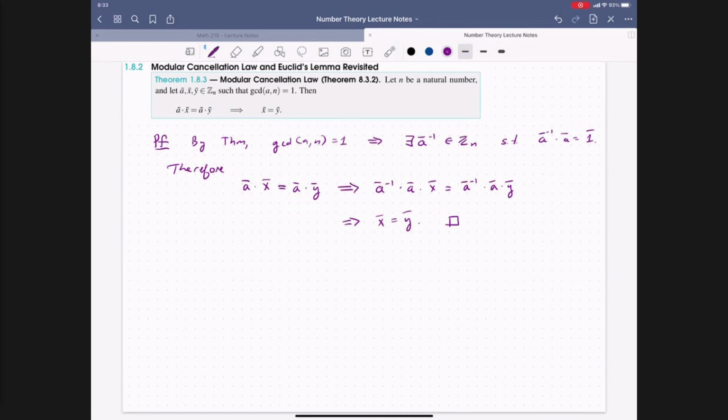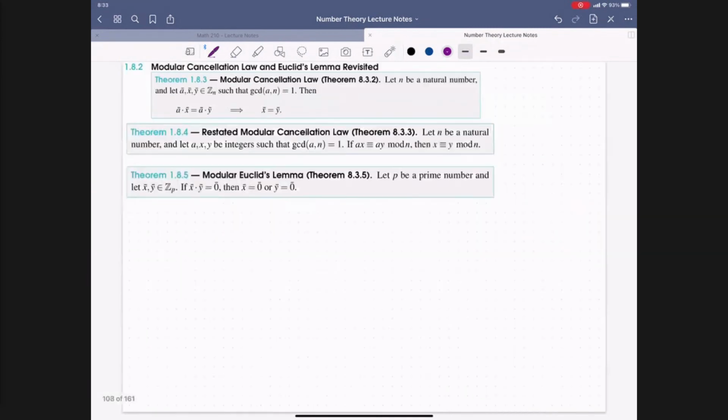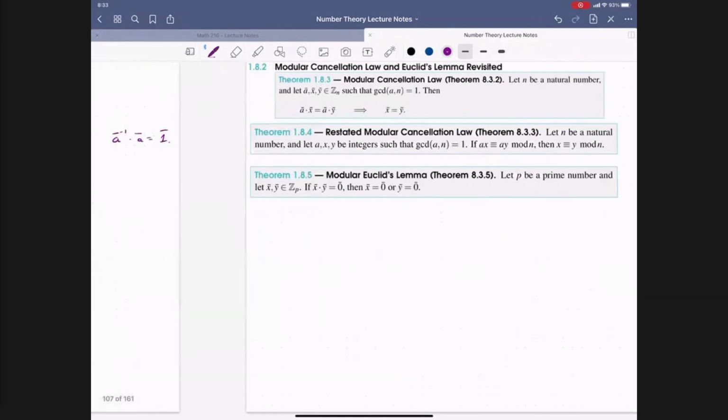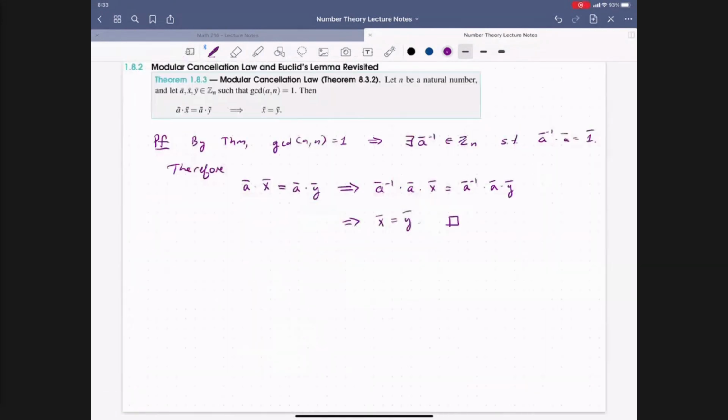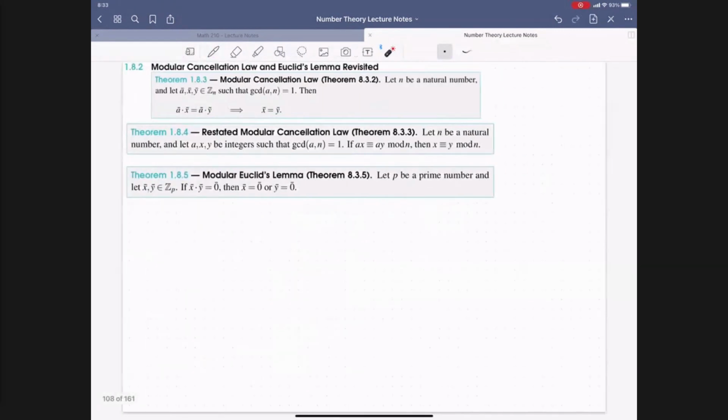So let us go on and restate the modular cancellation law. And this is something to be mindful of. Right now we just proved it, but we were using the language of congruence classes. But we know that the language of congruence classes is equivalent to the mod notation. And so, said differently, we have that theorem 8.3.2 in the textbook is the same as theorem 8.3.3.